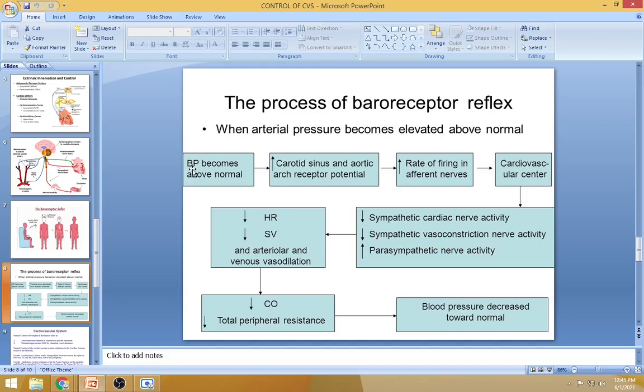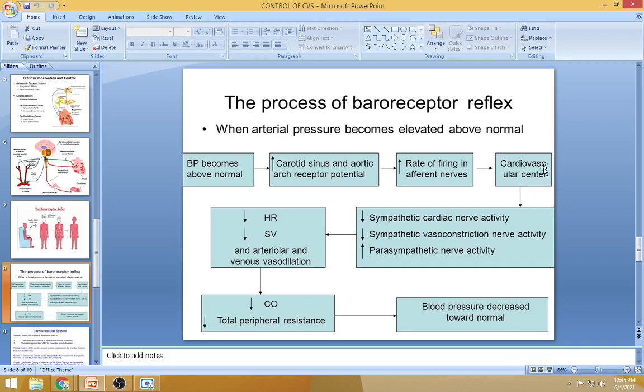Blood pressure becomes above normal. That would excite the receptors present in the carotid sinus and the aortic arch. There would be an increased rate of firing of the afferent nerves, the glossopharyngeal and vagus, and the cardiovascular centers will be affected.